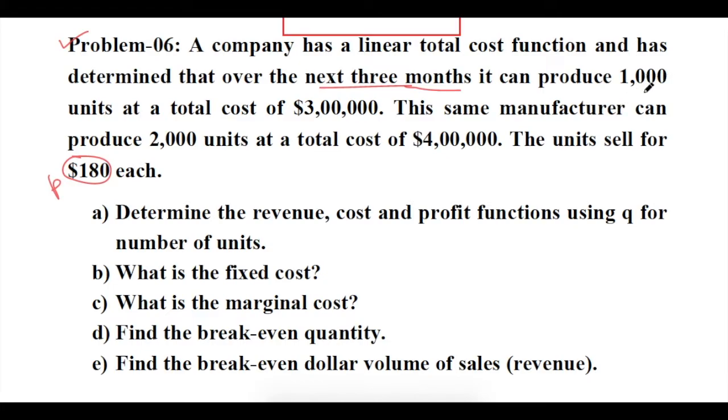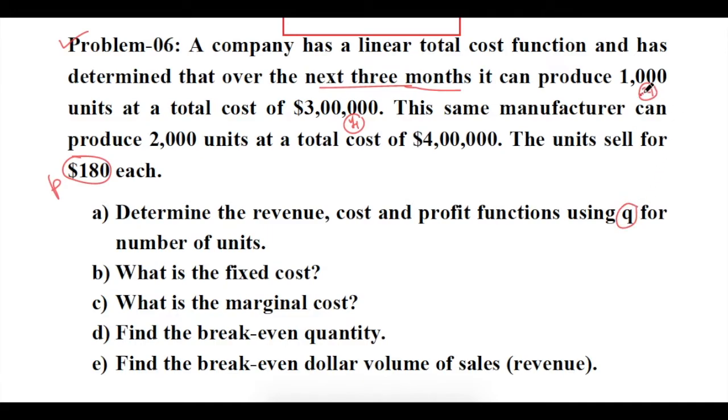In the first data, it says 1000 units at a total cost of $300,000. So this one you need to consider as x1, and this one will be your y1. However, in this problem they said you need to use q for the number of units.